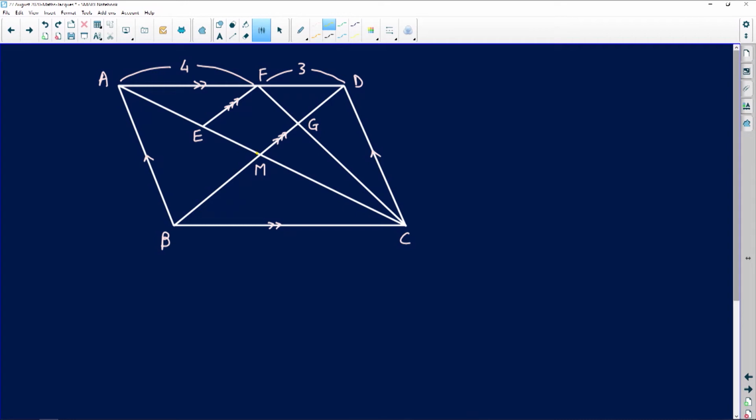Remember, if you have a triangle and there's a line that runs parallel to one of the sides of the triangle, this line will divide the other two sides proportionally. So in other words, if I look at triangle AMD, EF is parallel to MD, and they've given us that as 4 to 3.